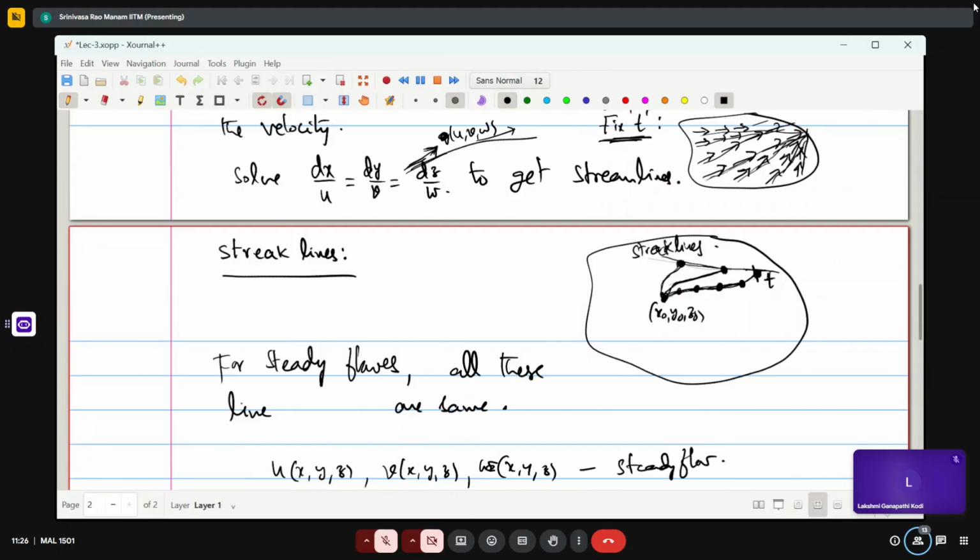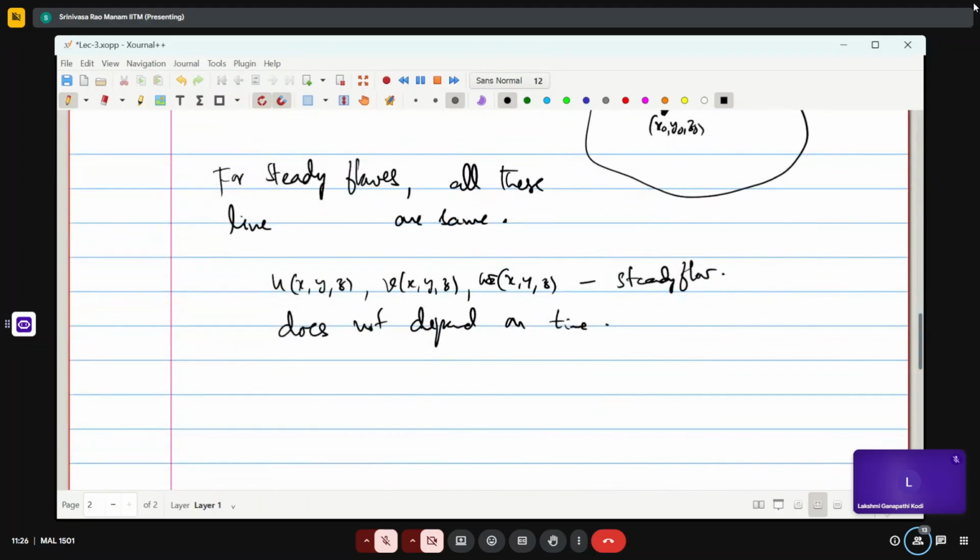You collect all these particles, and that is actually the streakline. In the case of steady flow, these points won't go outside this pathline. That's the meaning of streaklines, and that's why all these lines are the same.